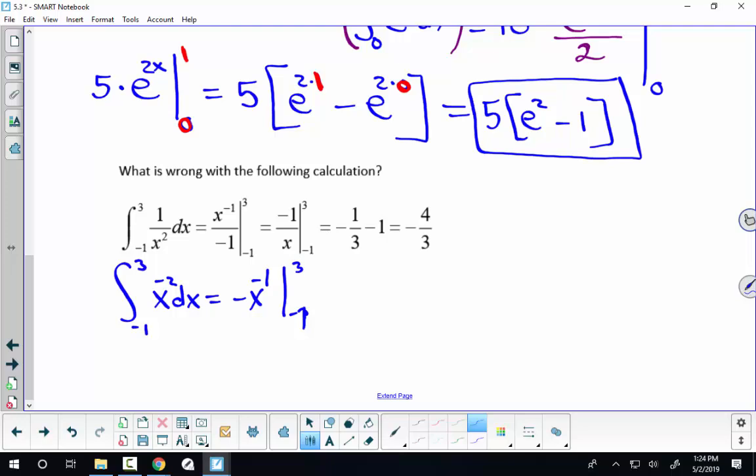Negative x to the negative 1 is the same thing as negative 1 over x to the positive 1, which is what they have here.